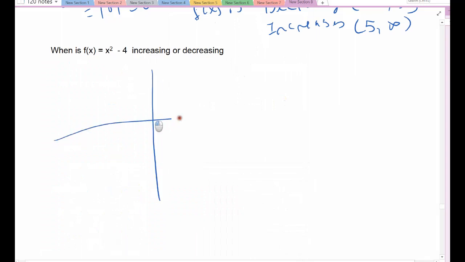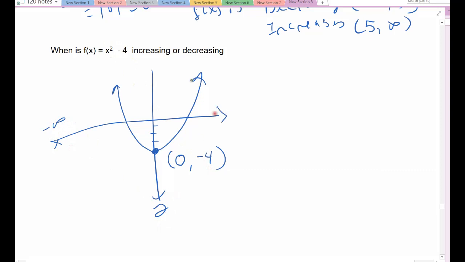So to graph this out. So 1, 2, 3, 4. Now you can check it out. If I plug 0 in for x, I get negative 4 out, and that's the vertex. Which means it's decreasing again from negative infinity to x equals 0.